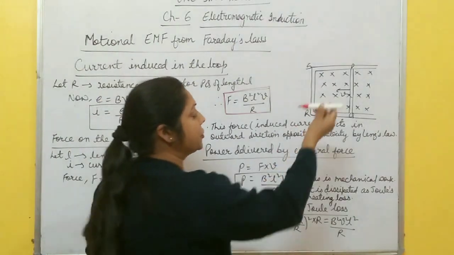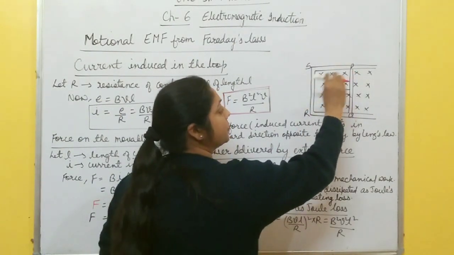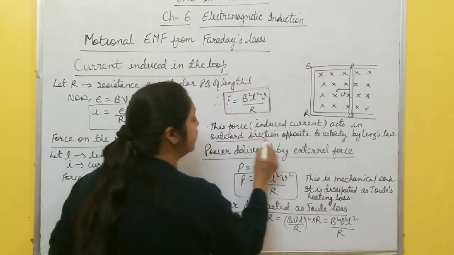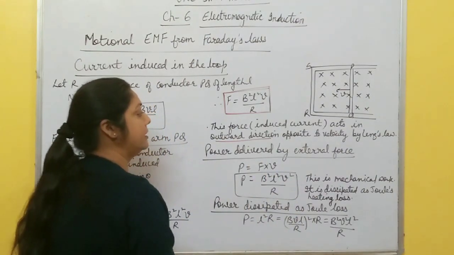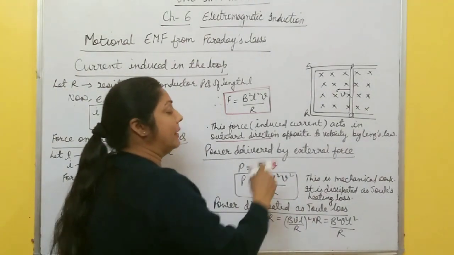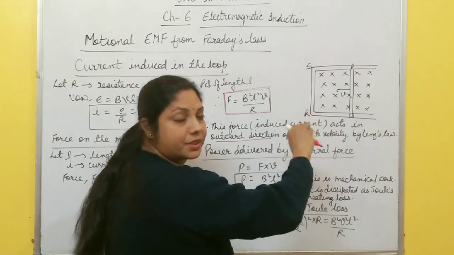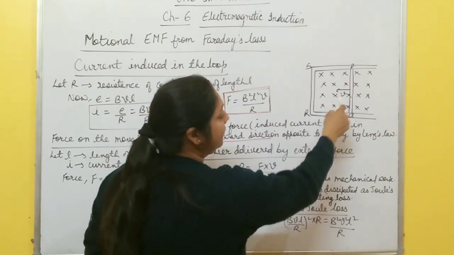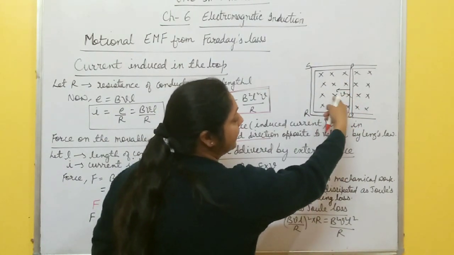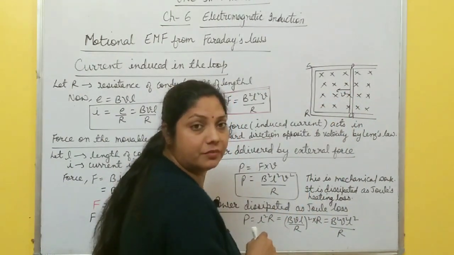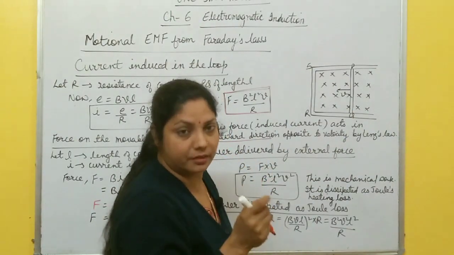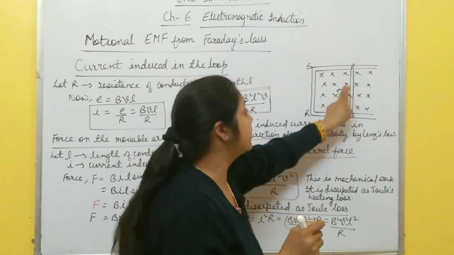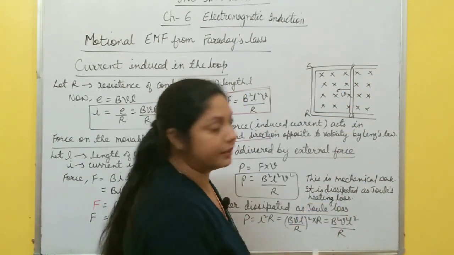According to Lenz's law, the motion of the conductor is this side, so the force is in the outward direction, opposite to the velocity, towards the right side. To maintain this arm moving to the left with some constant velocity V, you have to apply some external work, so that the motion of the arm is maintained against this force in the right direction.